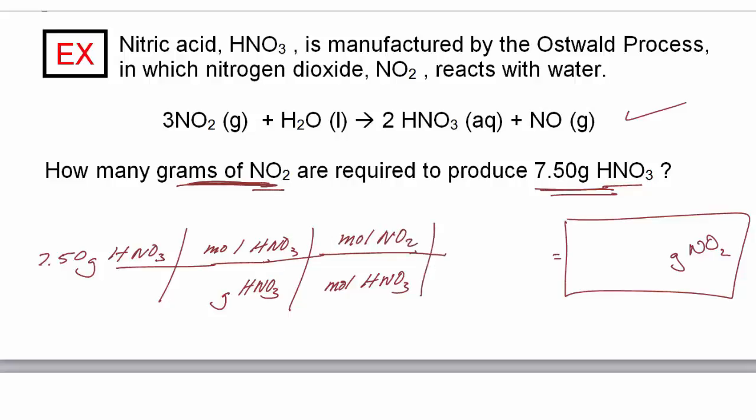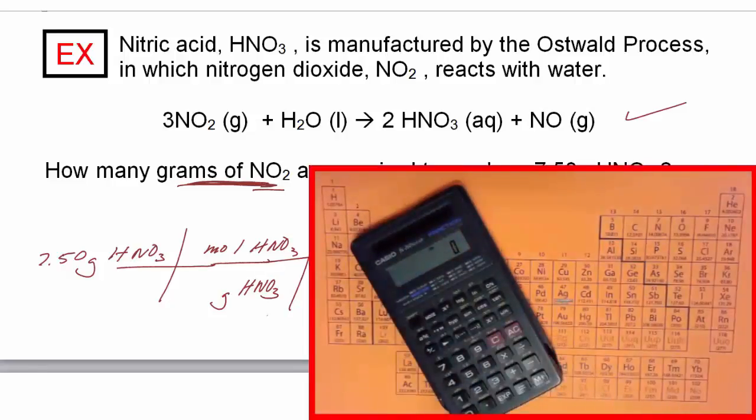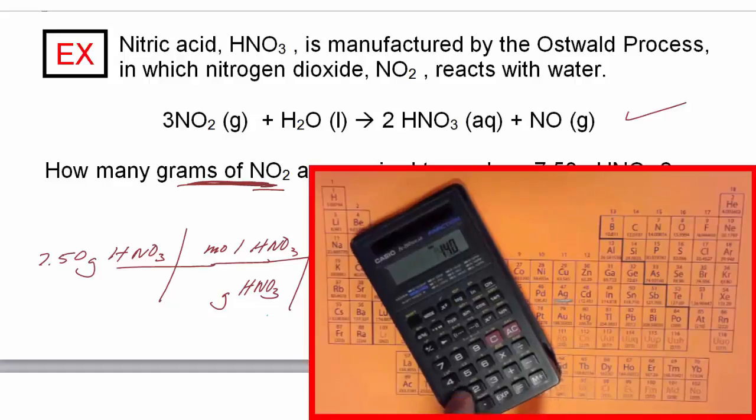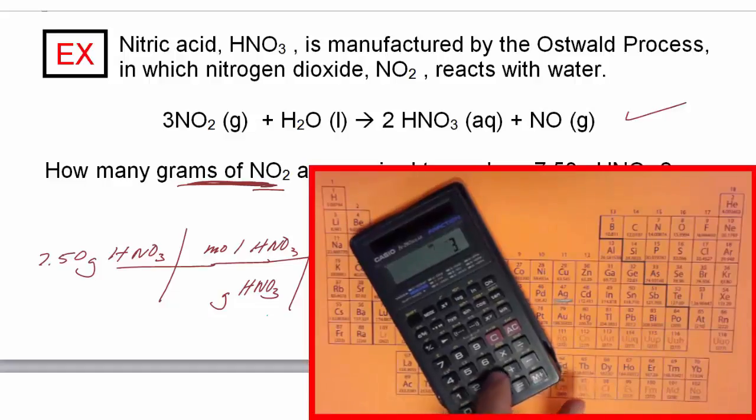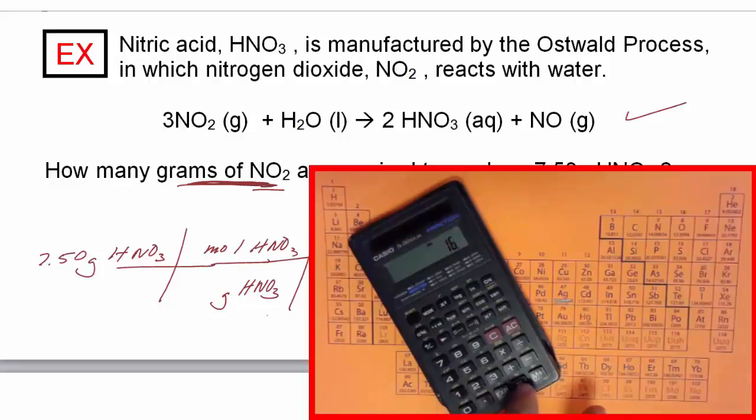And they want the answer in grams, so I have to go all the way to grams using molar mass of nitrogen dioxide. So what's the molar mass of nitric acid? 1.01 plus 14.01 plus 3 times 16, about 63.02.